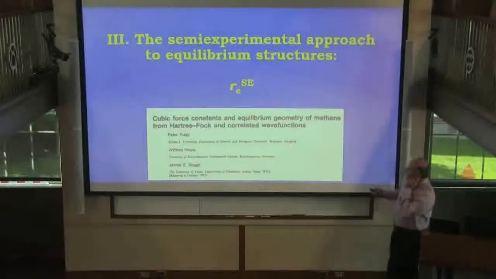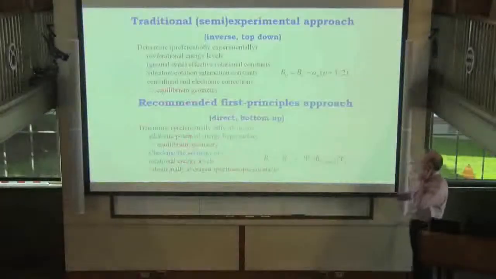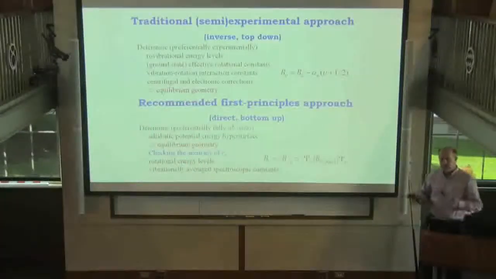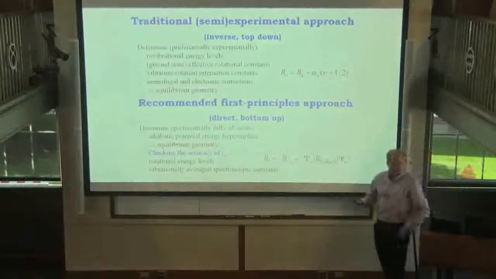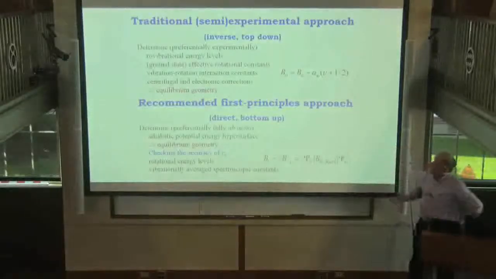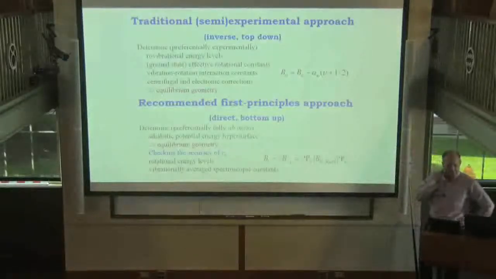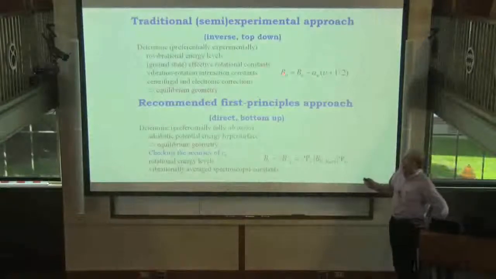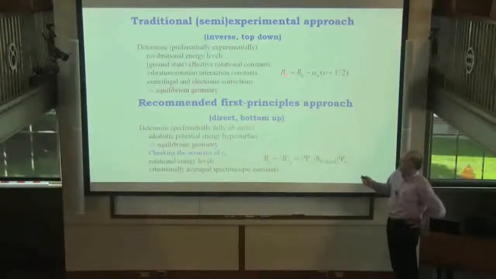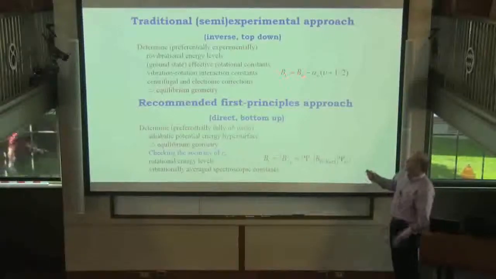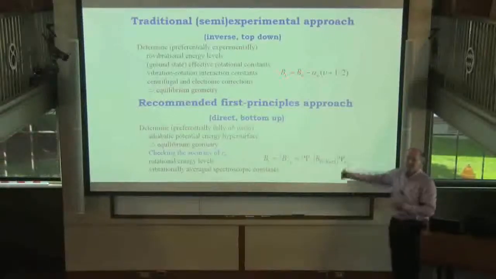But the best approach is to use the semi-experimental approach, which was pioneered by Peter Pulay, Wilfried Meyer, and Jim Boggs. And this is really the approach where you combine experiment and theory. There can be two approaches in this combination. So you can move either from experiment, where you have this B_v, vibration-dependent rotational constant, which would connect to the equilibrium constant, and then a Taylor series expansion.